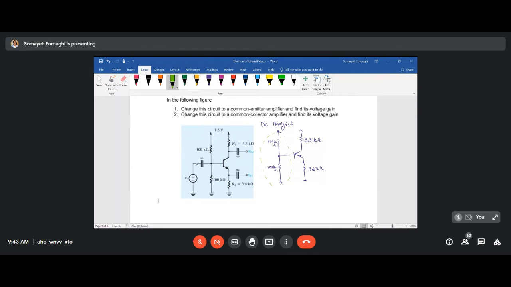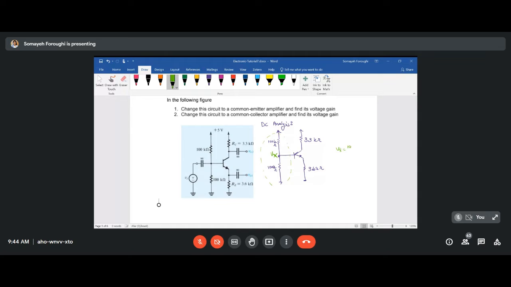For doing this, you need to do Thevenin Norton. Simply, if you just do some voltage division, you will find the voltage of this point. Imagine that this is Vx.